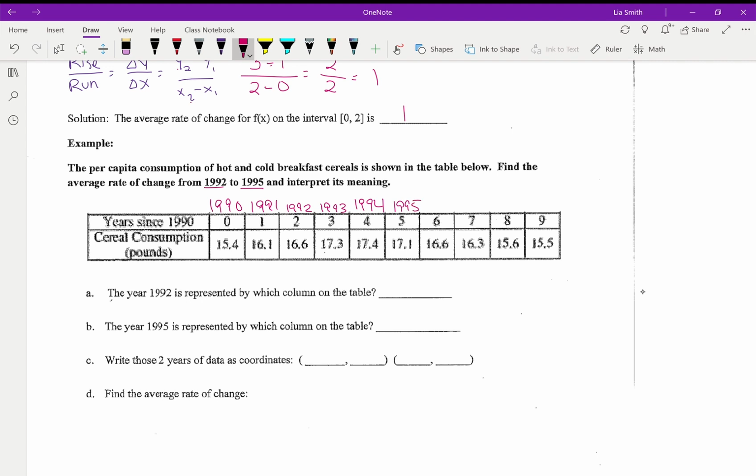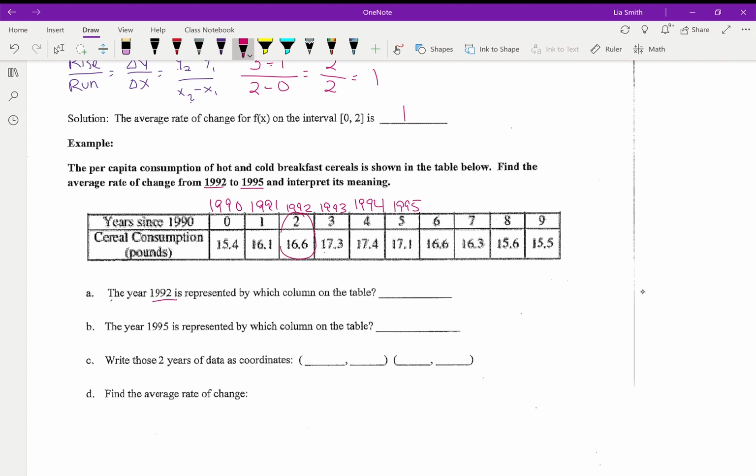And then this says per capita consumption in pounds. So in 1990, the average person consumed 15.4 pounds of cereal. Okay, that's 15 pounds of Fruit Loops. That's a lot. So the year 1992 is represented by which column? This is just making sure that you know how to read the table. So 1992, we've already labeled it, would be this column here.